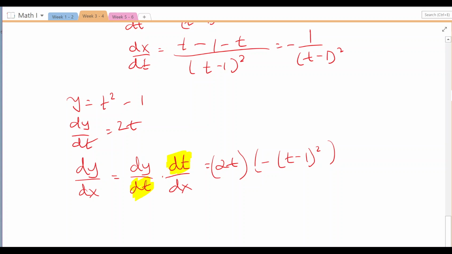So overall it comes to negative 2t times t minus 1 squared as the final answer. Okay, that'll be all for now.